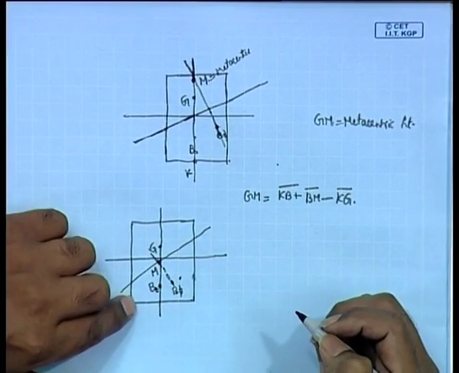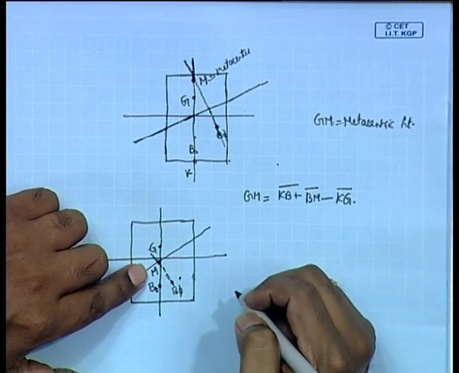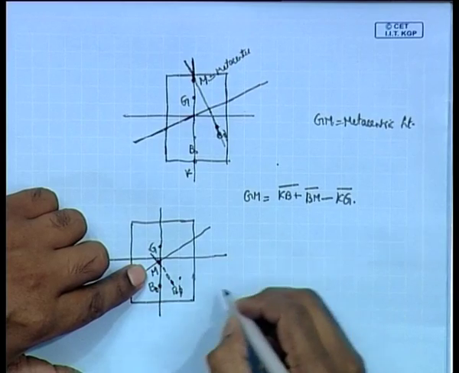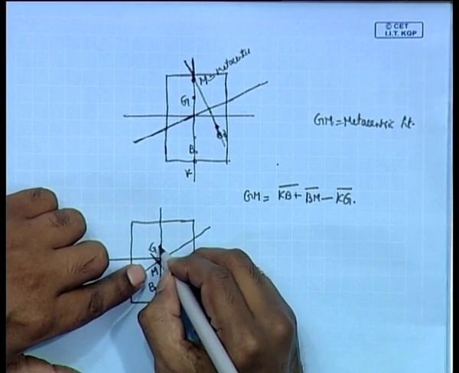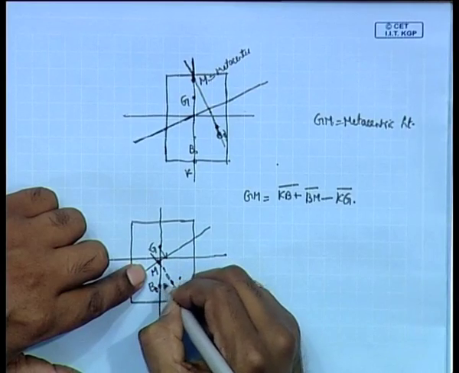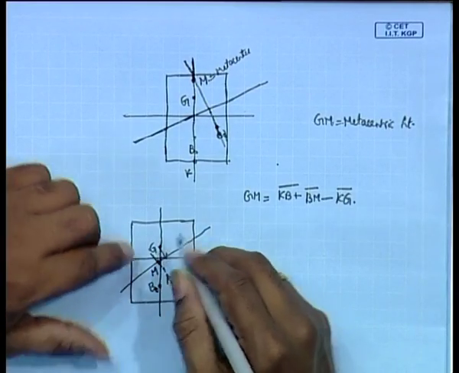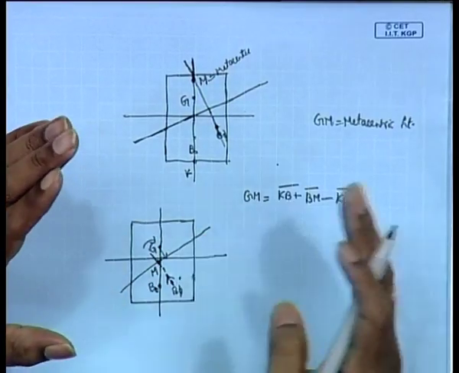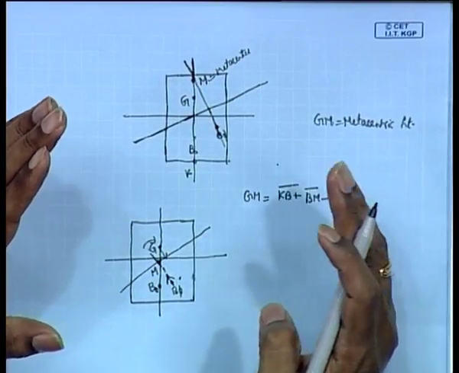In this case you see that M is below G, and if M is below G, you can see that the moment is again like this. There is no restoring moment. The net tendency is to increase the tilting, and this tilting will keep on increasing till the body capsizes.